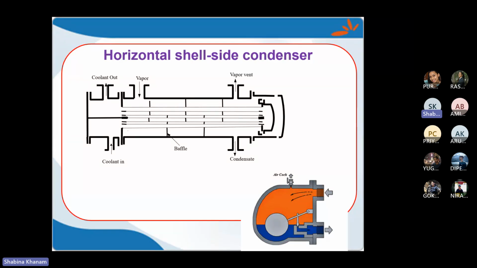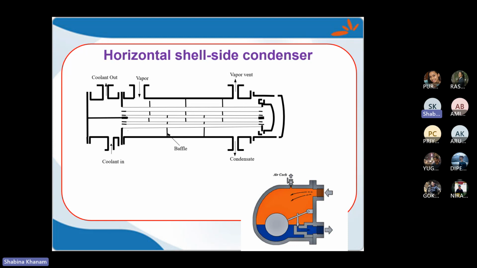Here the phenomena are different. If I consider the coolant side, there I have sensible heat transfer, but on the other side where I have vapor or steam, we expect phase change or latent heat transfer. In both cases the phenomena are different, and therefore the shell and tube heat exchanger, which I am considering here as a condenser, will have some changes.